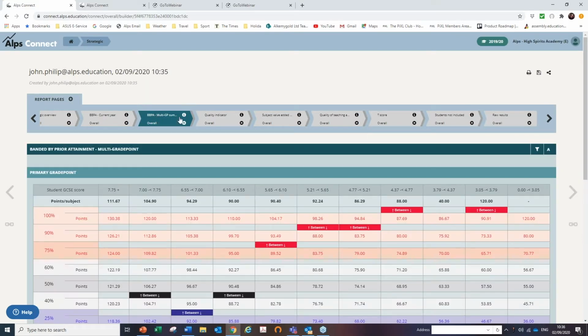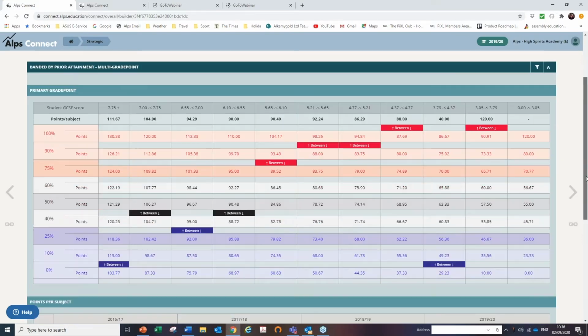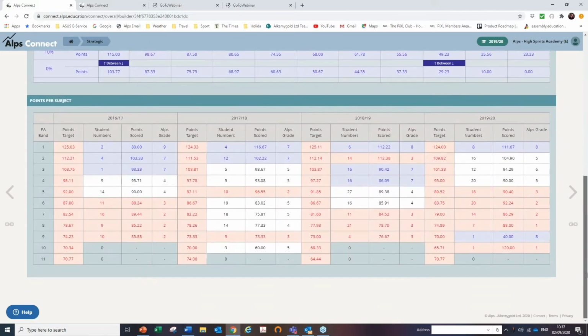This is the banded by prior attainment summary. And I'm just going to have a look at this one, points per subject. I'm interested in this actually because over the previous 3 years, my students with the highest prior attainment at GCSE, it's been a bit mixed, but they haven't perhaps made the progress of some of the others.